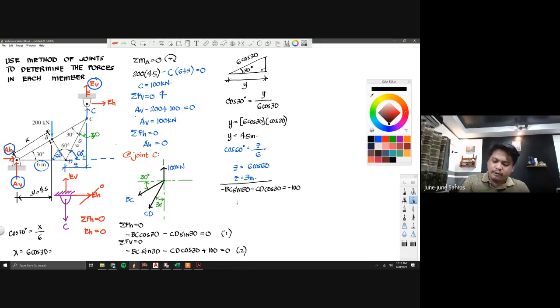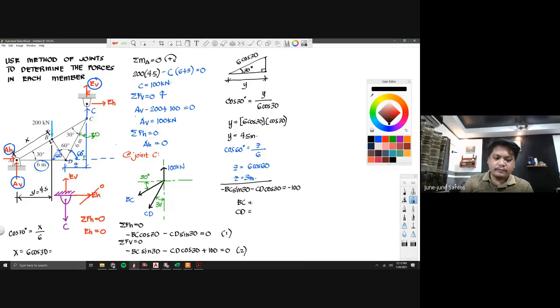Okay? So, equation 1, equation 2, we are sure there will be a negative here. So, if it is negative, your value is correct except that its direction is wrong. So, negative cosine of 30, negative sine of 30, 0; negative sine of 30, negative cosine of 30, negative 100.